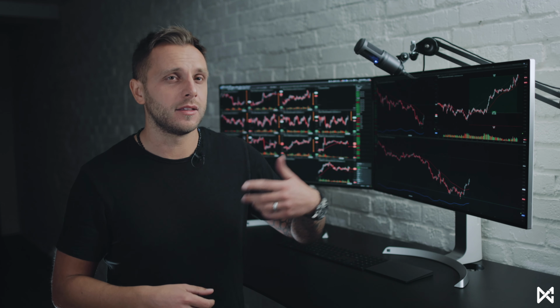At minimum, we're always targeting a 2-to-1 reward risk ratio, typically looking for around 3-to-1, but sometimes even larger than that, right? So there's a lot of benefits to an ABO. However, it does carry a little bit more risk than the other ones. But again, we're targeting a higher reward risk ratio than typically with an IBO or a CBO, a minimum of 2-to-1, right? Hence why it's a pretty cool setup.